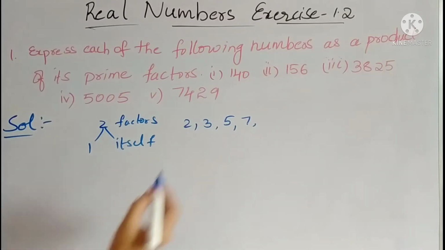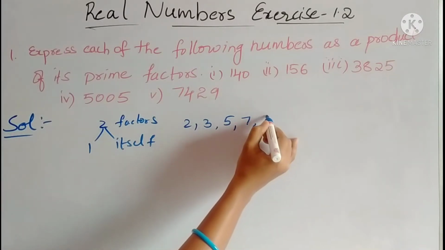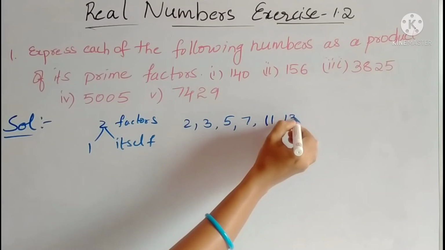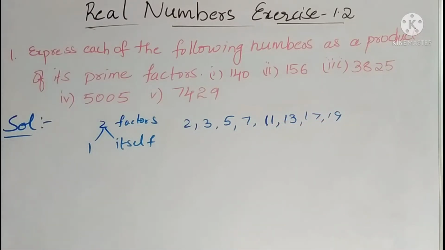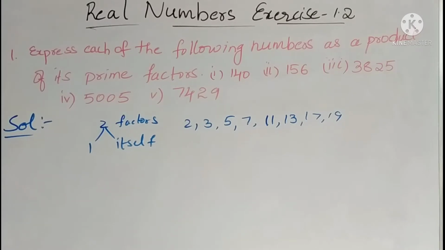Next prime numbers 11, 13, 17, 19, like that. So prime numbers means the numbers which have only two factors. The two factors are 1 and itself.